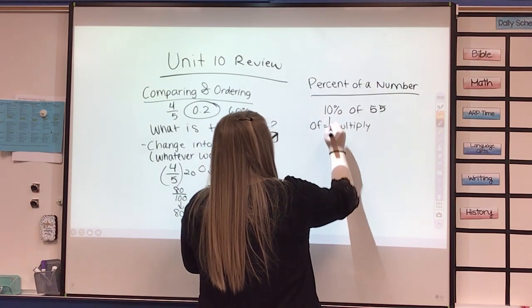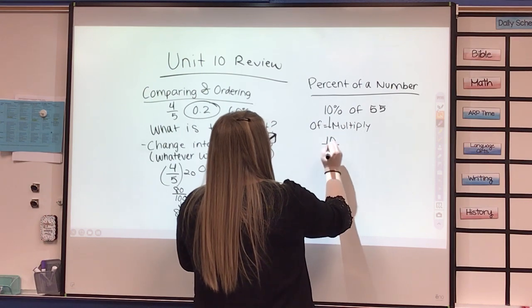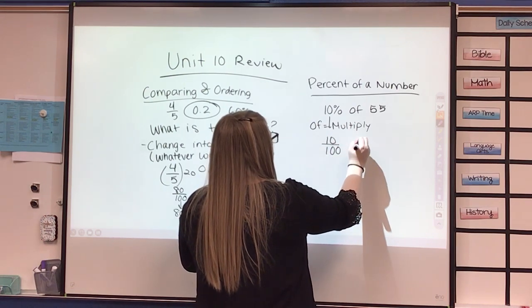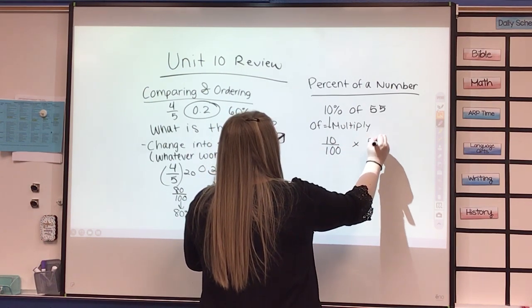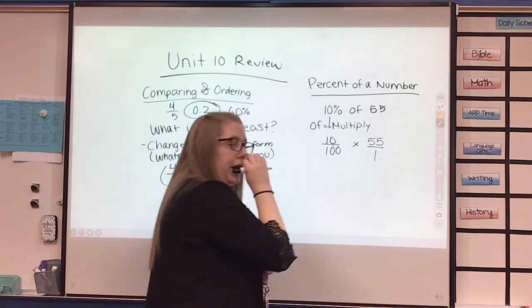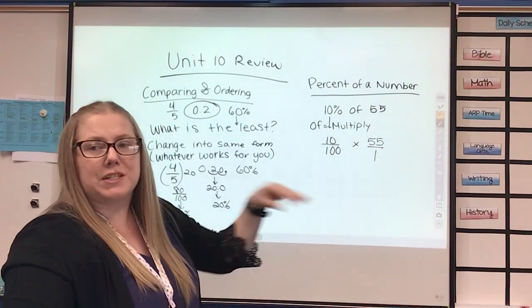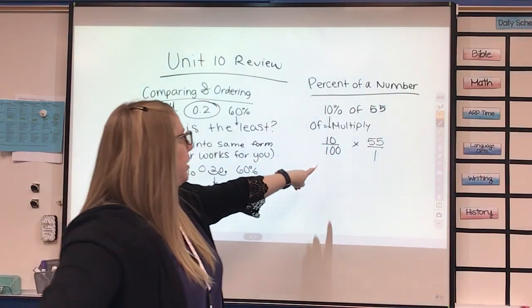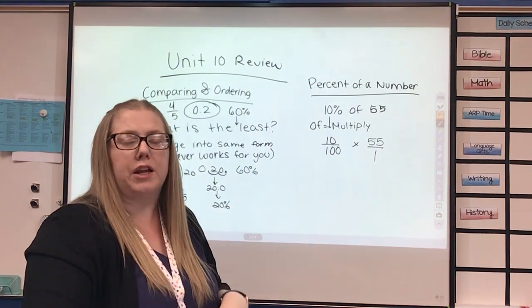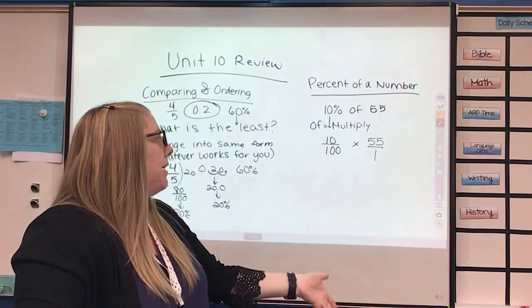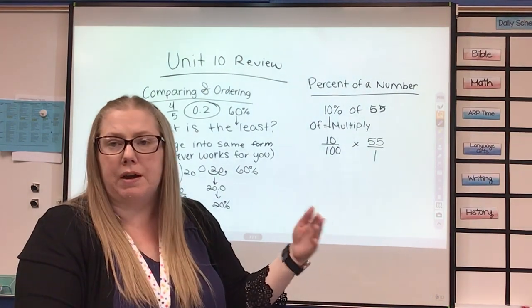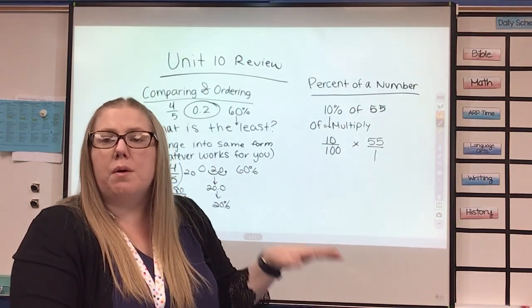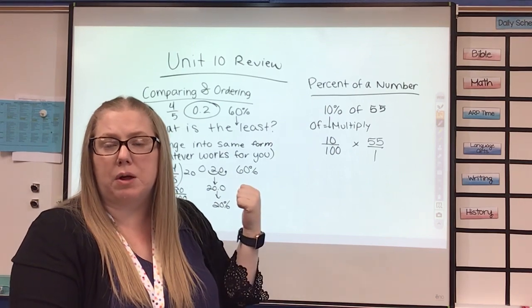So 10%, 10 over 100 times 55 over 1. Okay, so I'm taking 10% and I'm turning it into a fraction. And it's just 10 over 100, and then I'm going to multiply it by 55, and I'm just going to put 55 over 1. Before I multiply, I want to make smaller numbers.